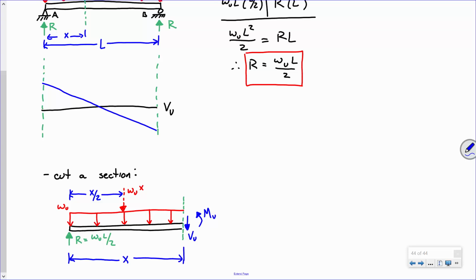I just sum forces. Okay? So if I sum forces in the y direction, what do I have going up? I have W_U L over 2. Going down, I have W_U x and V_U.